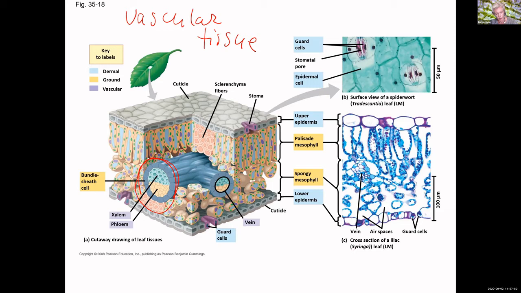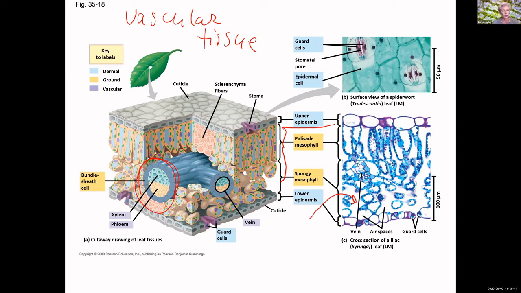And we're going to see that we have an epidermis on the surface, that we have some ground tissue cells here in the middle. We have a lower epidermis. We have this vascular tissue over here. And then in between these ground tissue cells, we have air spaces.